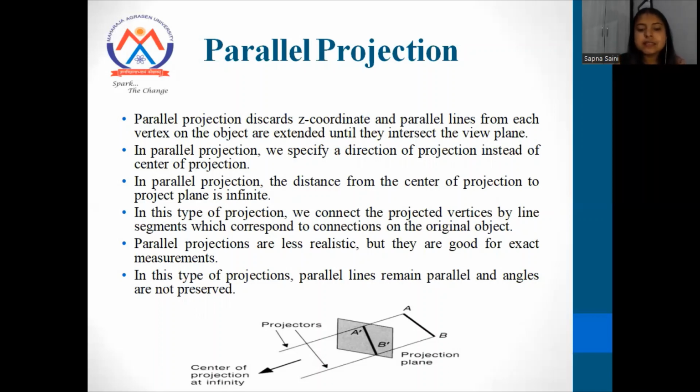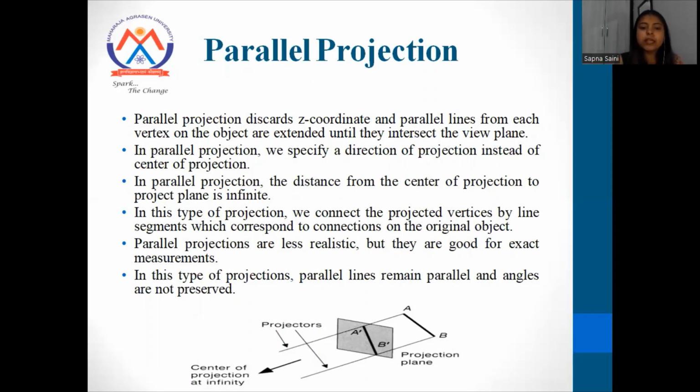As you can see in this diagram, the center of projection is at infinity, and we can only see the direction of projection but not the center of projection, because all those projectors are parallel to each other. So in parallel projection, the distance from the center of projection to the projection plane is infinite.